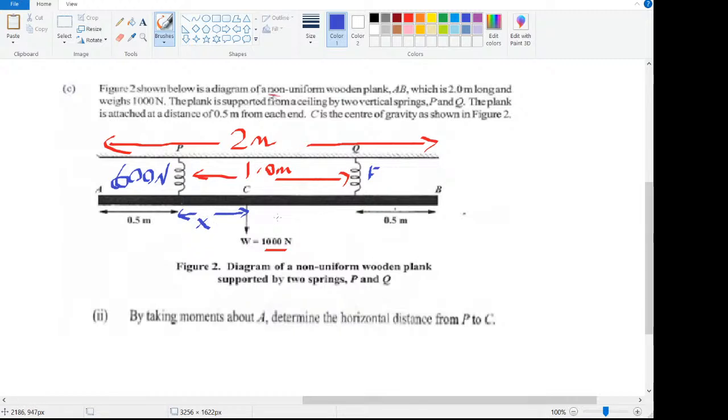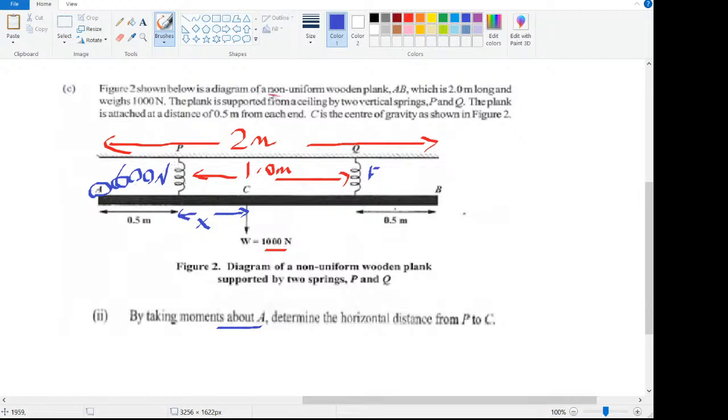I don't think we need this distance here since A is the pivot. Alright, so give me a little second here to match this in my head. They say taking moments about A, so we're taking A as the fulcrum.